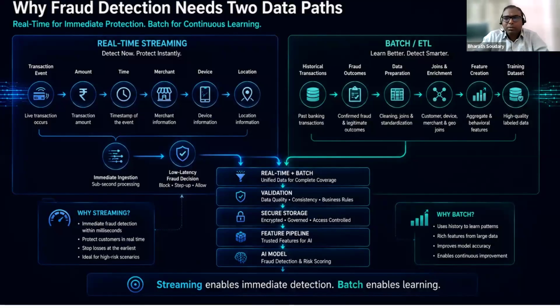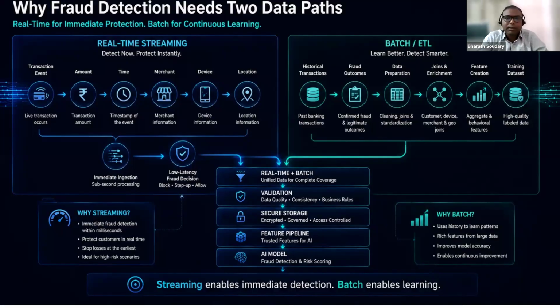So path 2, batch or ELT, is used for historical data. It combines the historical transactions, confirmed fraud outcomes, customer information, device information, merchant information, and location information. This helps create richer feature and training datasets. For example, suppose the bank has 5 years of transaction history for the customer.